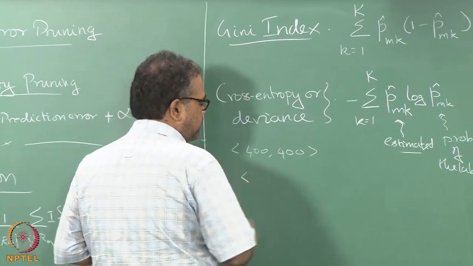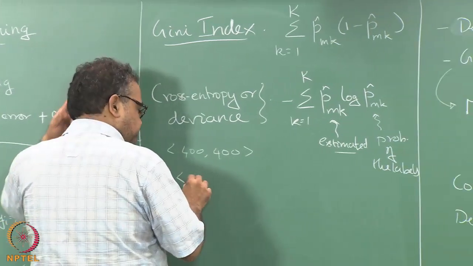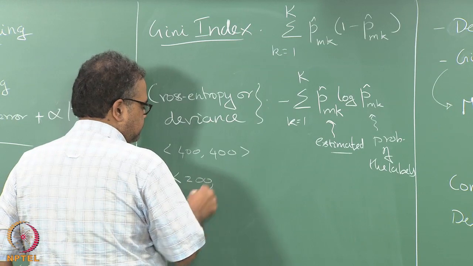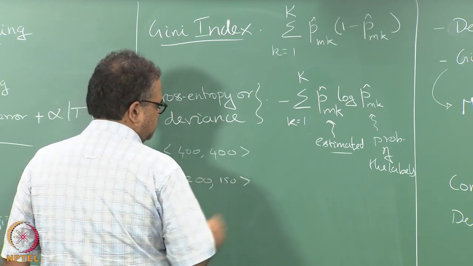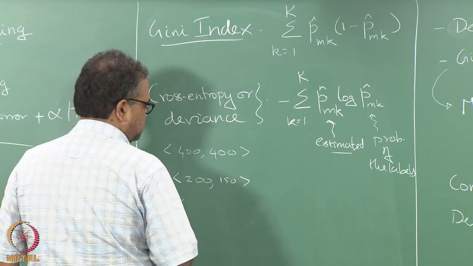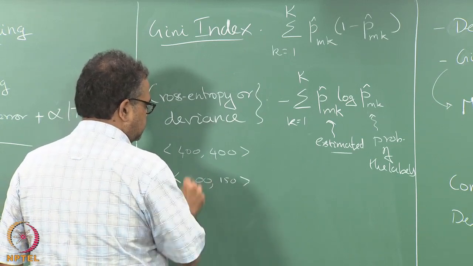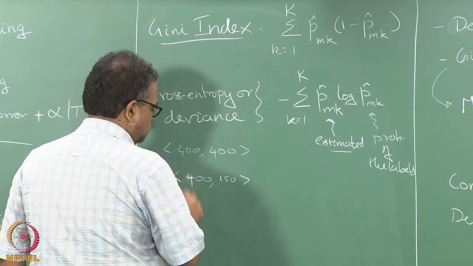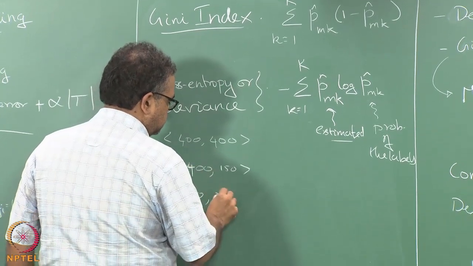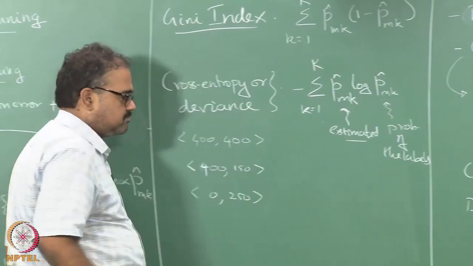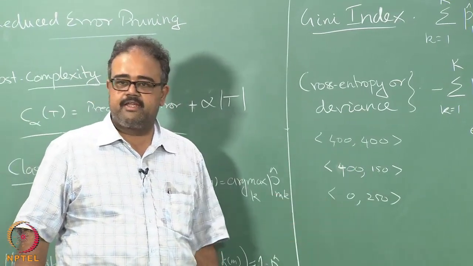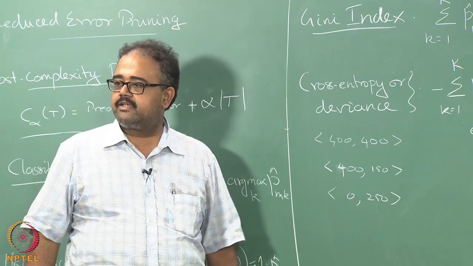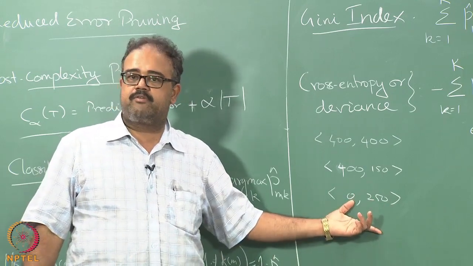Suppose I split it up so that I get two regions, one gives me 400 and 150, other gives me 0 and 250, right. So how many bits do I need to encode the output variable here?